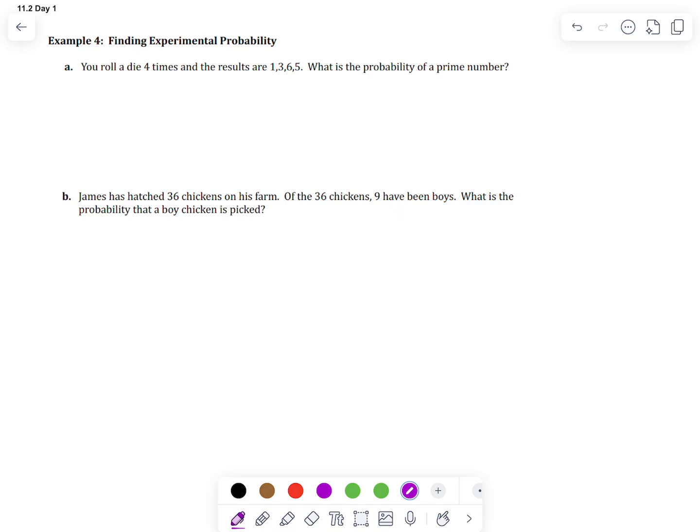So prime numbers are 1, 3, 5, 7, 11, 13, 17, etc.